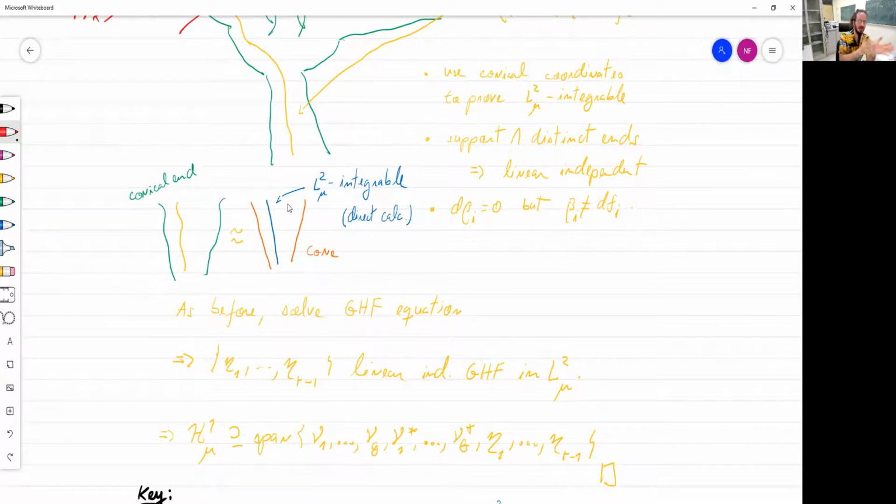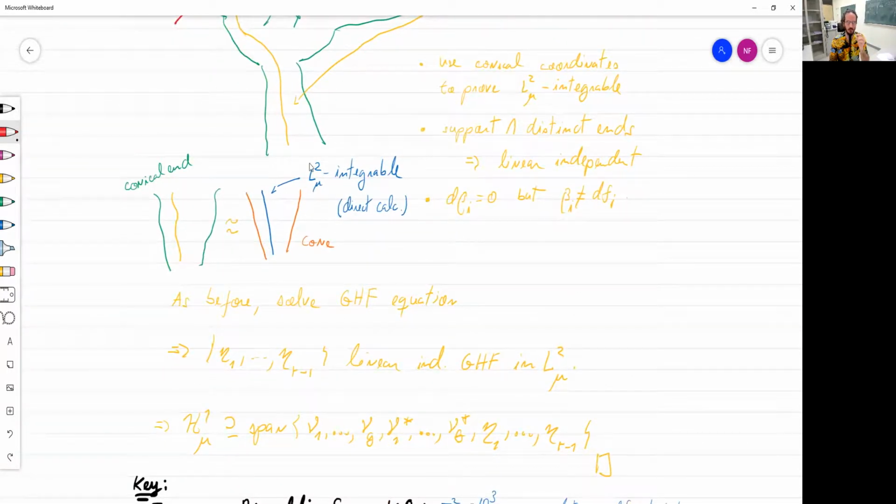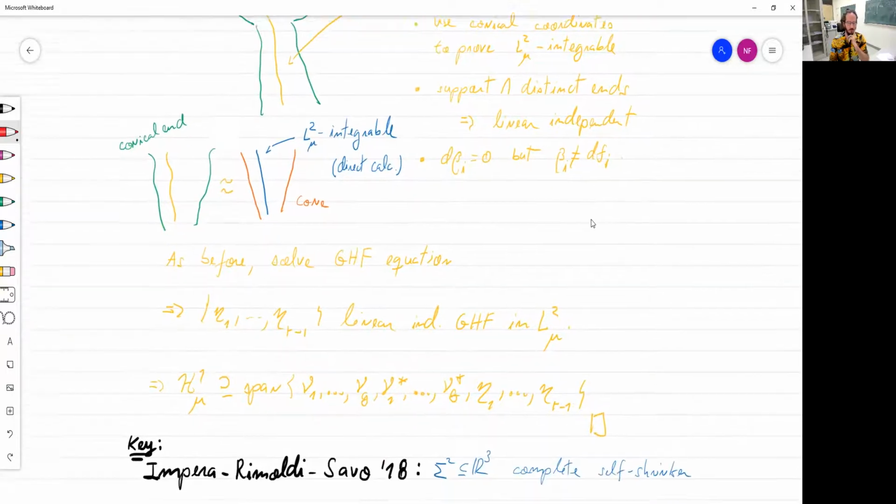Since the ends are very similar to the cone, it should have finite L2 mu norm in sigma as well, because if you take a sufficiently large compact set, the metric is more or less the same. So it's comparable, and the L2 mu norm is also comparable. It's nothing unexpected. And as before, we can solve the Gaussian problem. That's why they have finite L2 norm, and that's where we use that the ends are conical.